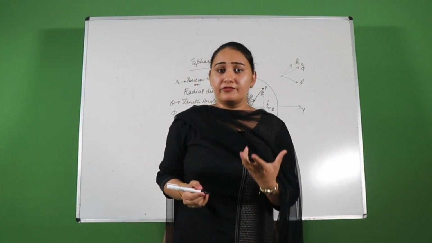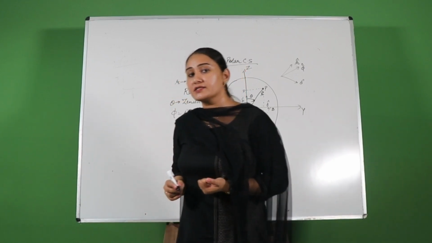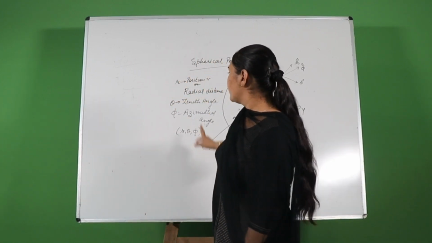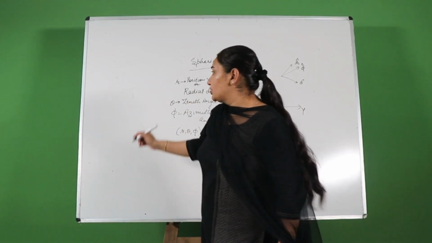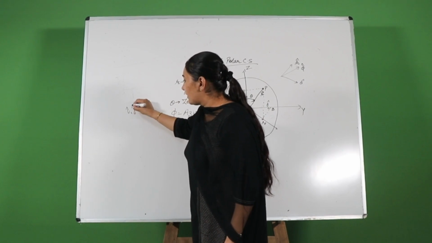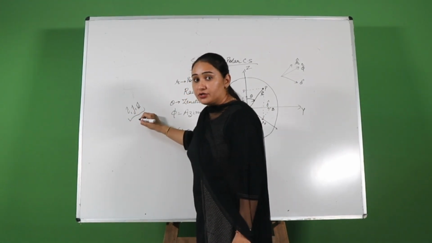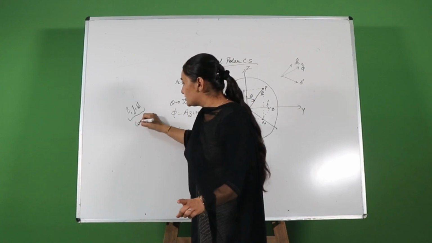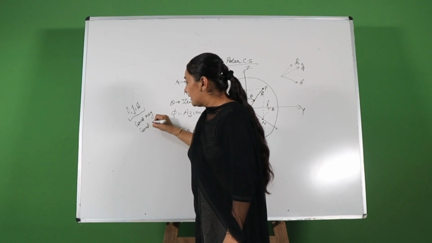So this is the difference between the Cartesian coordinates and spherical polar coordinates. In case of Cartesian coordinates, we have observed that your i cap, j cap and k cap had unit magnitude, meaning they had constant magnitude and constant direction.